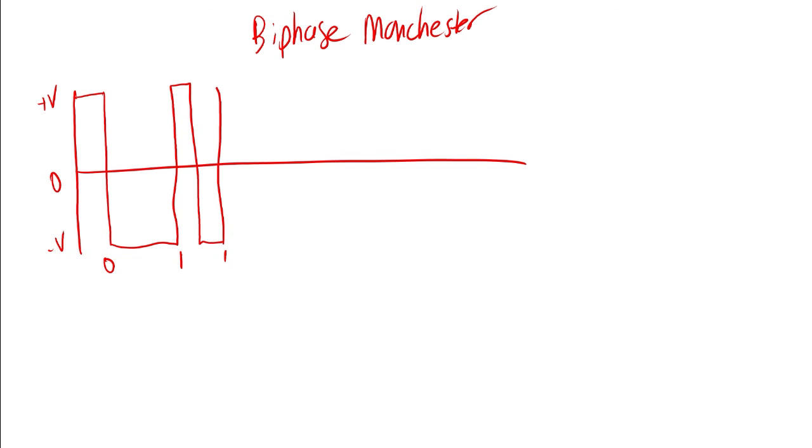So in this case, we change phases once in a second, so 0. If we change phases twice, that's a 1. So this is a 1. We call it a 2-state.